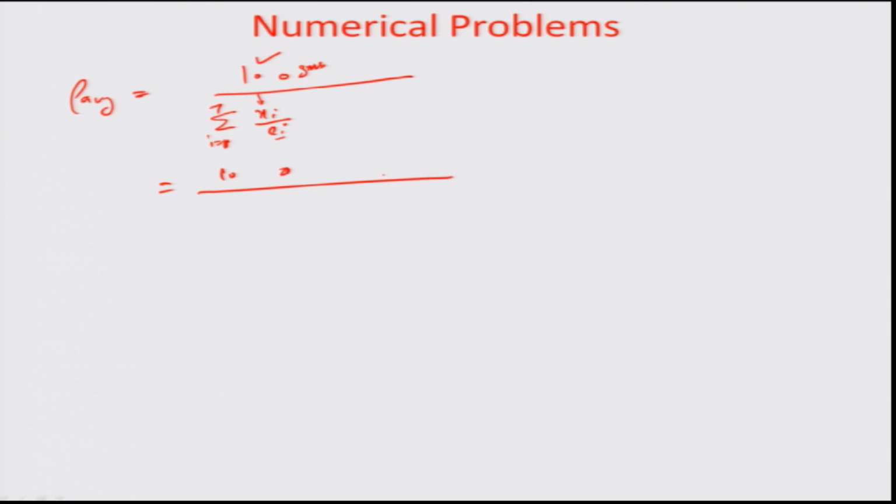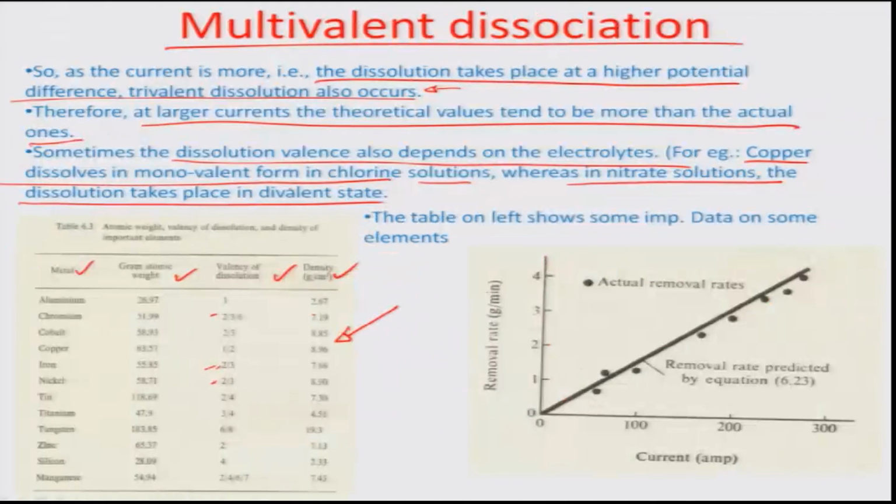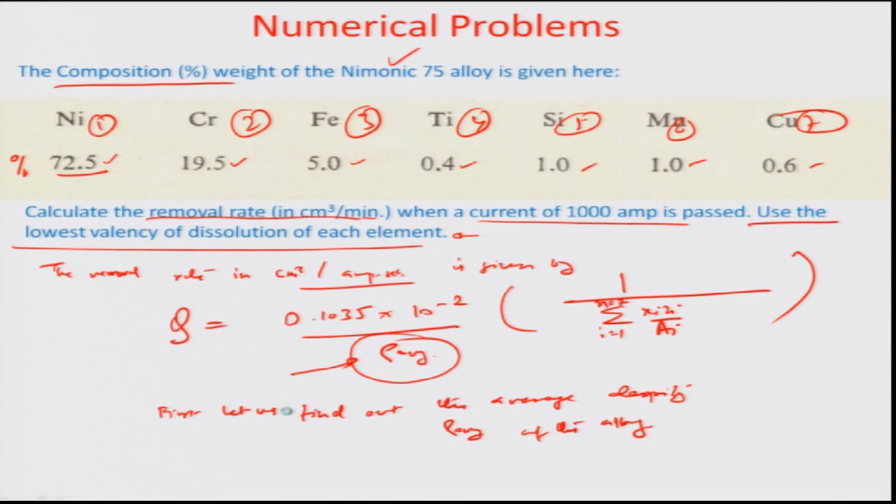So you have 100 grams divided by, let us now put in the values of the different species here. We have 72.5 grams of nickel divided by its mass density, which is 8.9 gram per centimeter cube, just borrowing it from this table. There is a density column here. For nickel we have 8.9 gram per centimeter cube. So we do it for the remaining phases as well.